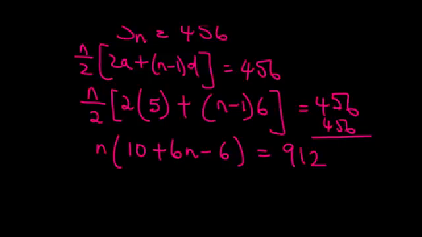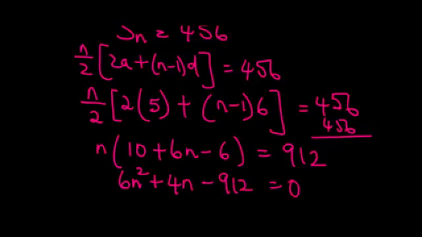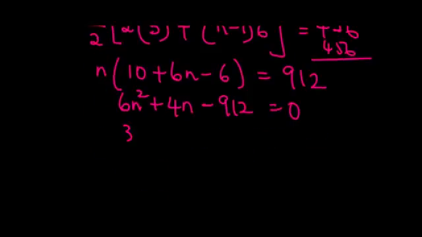So then we get 6n squared, 10 minus 6 is 4, plus 4n minus 912 is equal to 0. It's definitely a multiple of 2, so it's 3n squared plus 2n minus 456 is equal to 0.